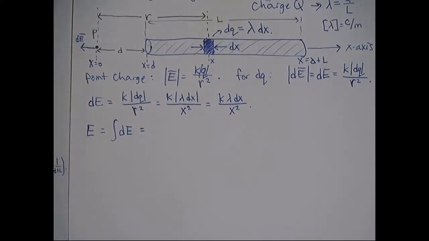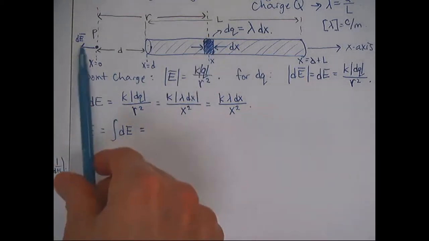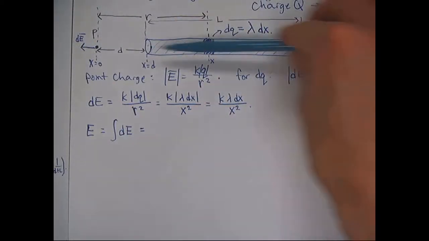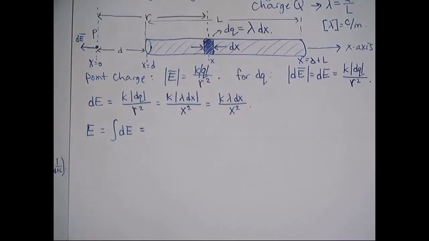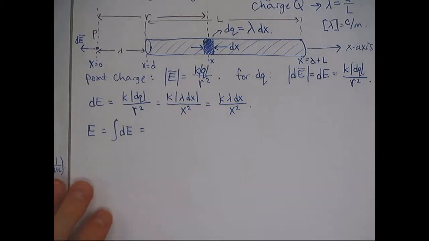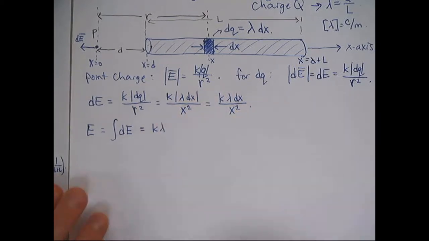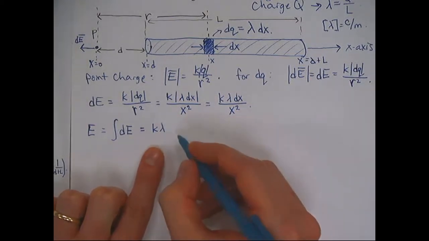We can play fast and loose here with vector components. That was step 6 of the problem solving strategy. Here it's a one-dimensional problem and every dE vector points away from the relevant dq. So they all point in the same direction and their magnitudes will simply sum together. I'm going to pull out the constants, the things that do not depend on position x.